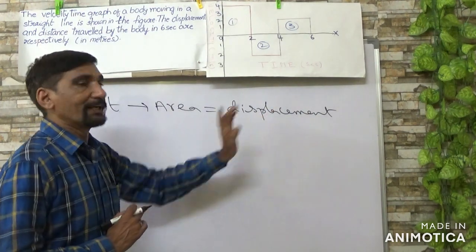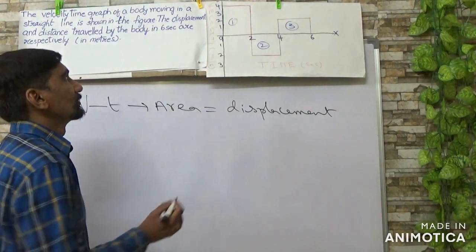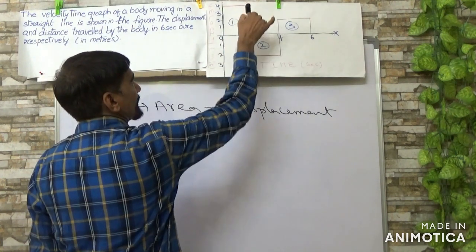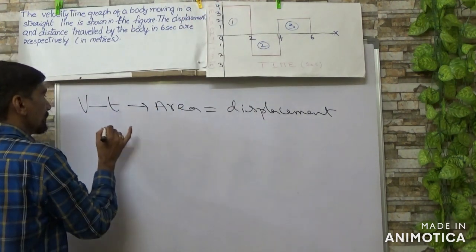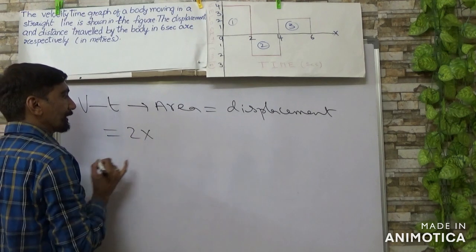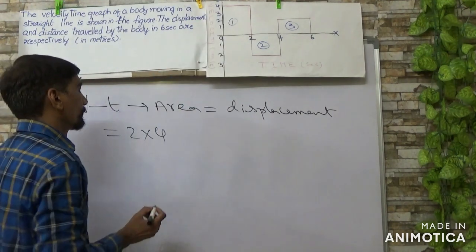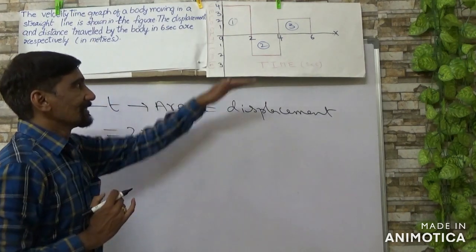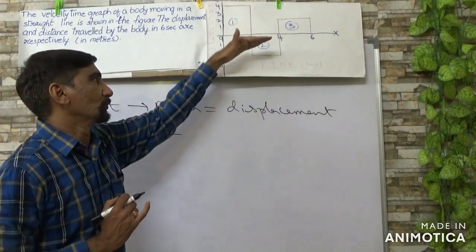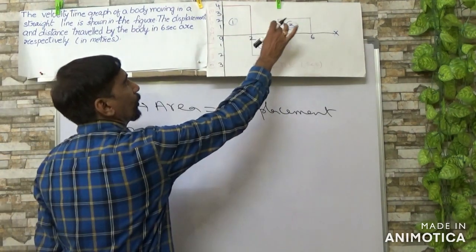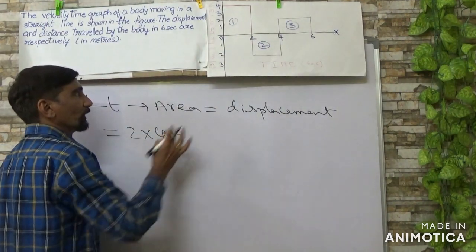So first I am calculating displacement. So 0 to 2, length 2, and this side 4. So the area of a rectangle is length into breadth, so 2 into 4, minus this area, which is subtracted because it is on the negative side. 2 to 4, 2, and this is also 2.